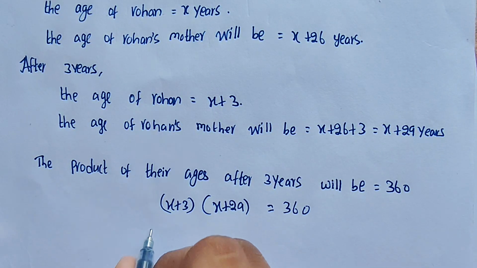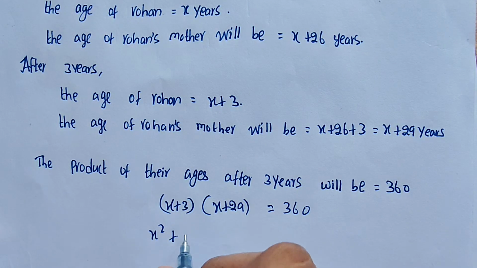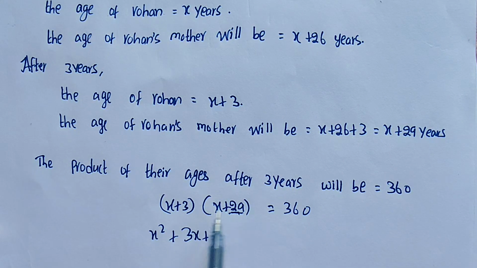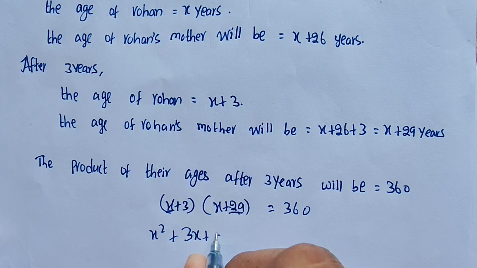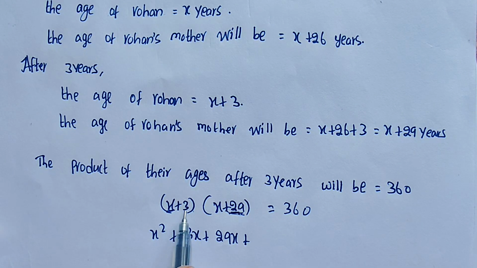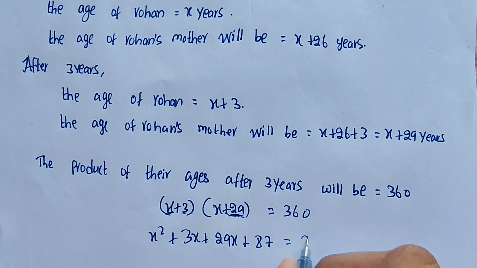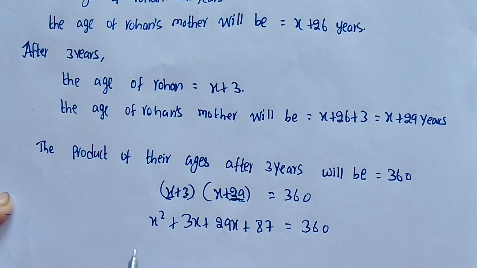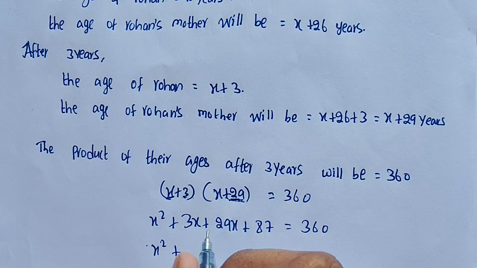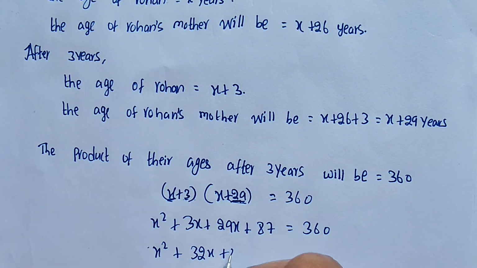So x into x square is x square, plus x into 3 is 3x, plus 29 into x is 29x, plus 29 into 3 is 87, equals 360. Now here x square plus 29x plus 3x is 32x, plus 87.